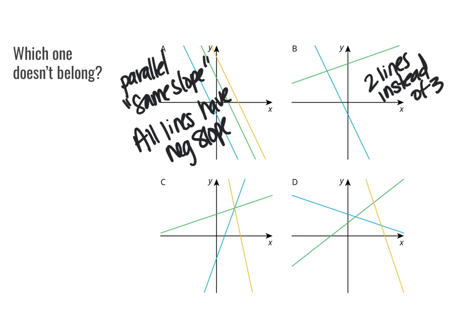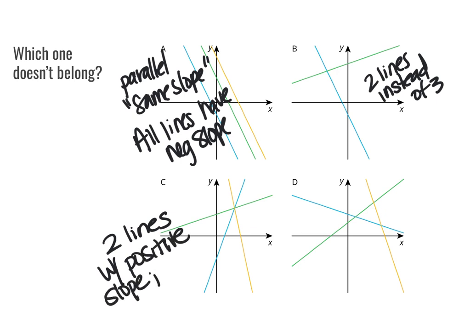What about C? What makes C different? Well, C has 2 positive lines, or 2 lines with positive slopes. And then obviously they have 1 line with a negative slope.